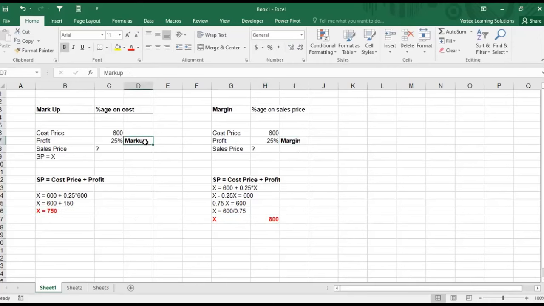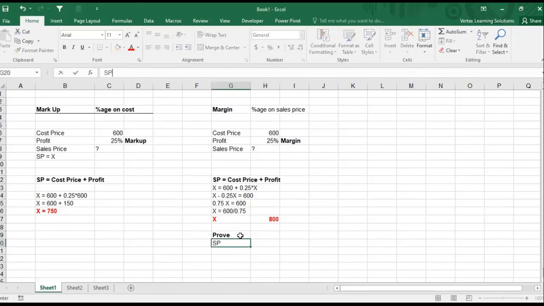And I can prove it. Let's see if this answer is correct or not. It says 25% margin. Let's prove whether it is right or wrong. For example, according to my calculation, the selling price is 800.